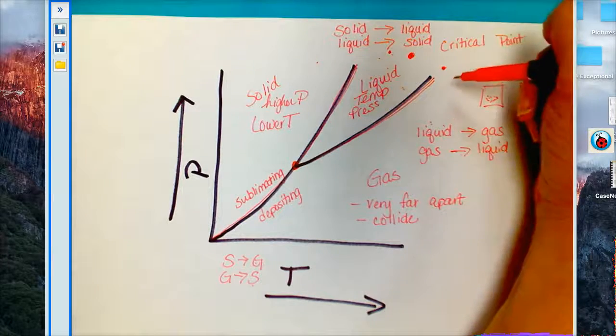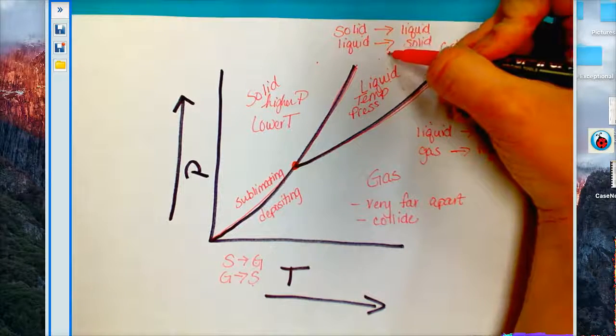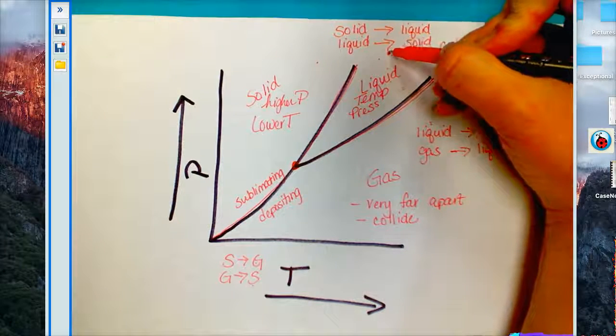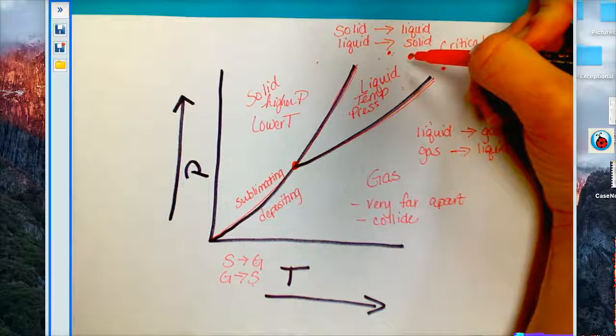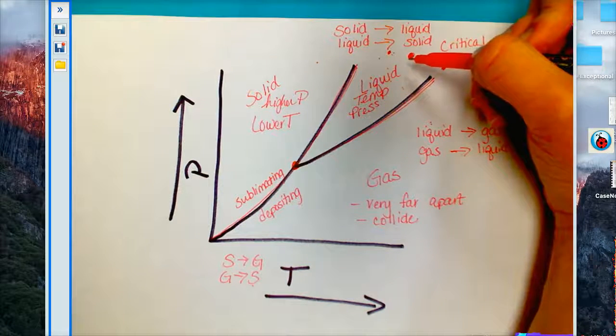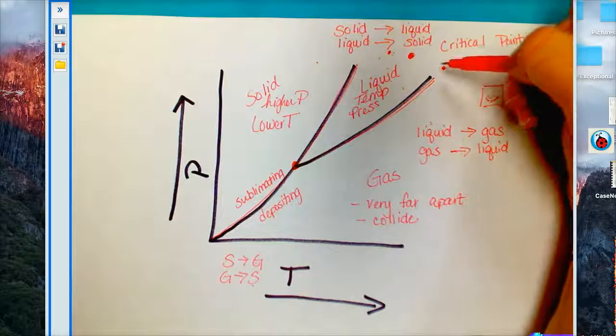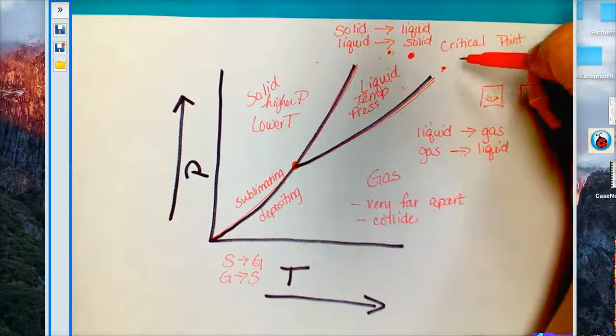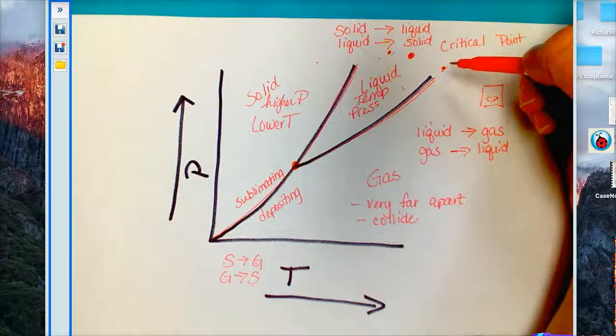So let me say that again because I kind of went backwards. Over here, a little bit left of this critical point, your liquid particles are exposed to such high temperatures that they are acting more and more like a gas. Whereas your gas particles, exposed to high temperatures as well, are also being exposed to such high pressure that they're starting to act a little bit more like a liquid.